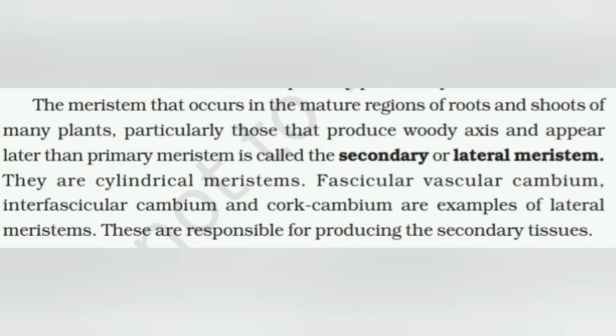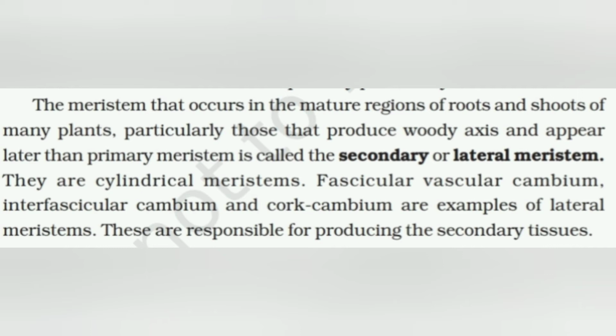The meristem that occurs in the mature region of root and shoot of many plants, particularly those that produce woody axis, and appears later than the primary meristem, is called secondary or lateral meristem. They are cylindrical meristems: fascicular vascular cambium, interfascicular cambium and cork cambium.